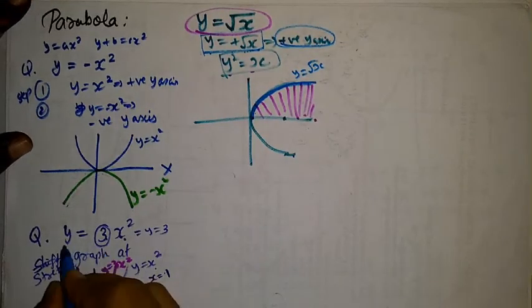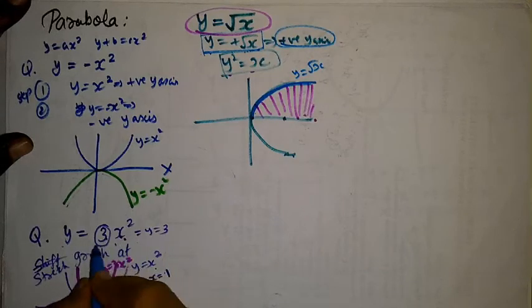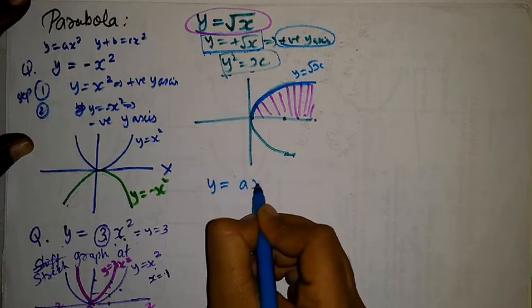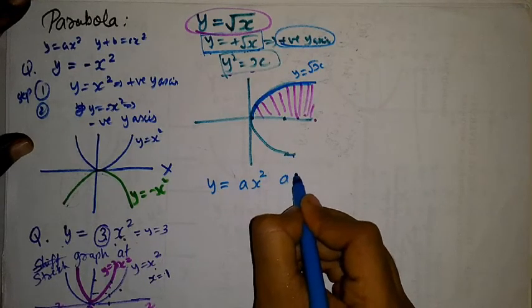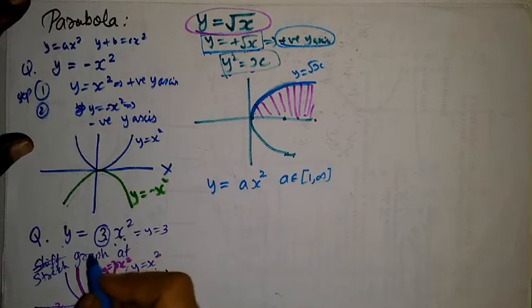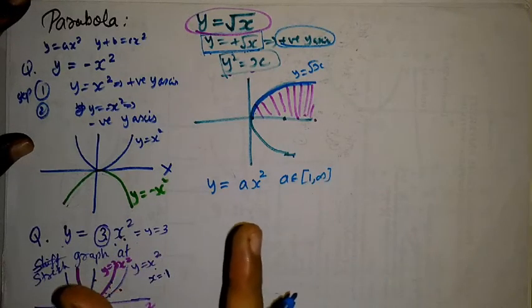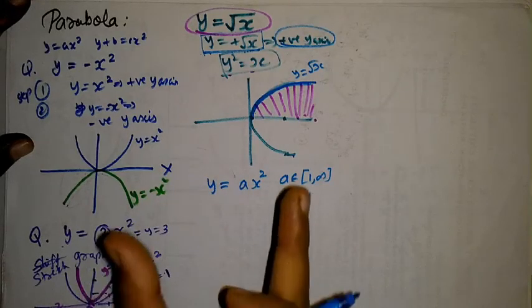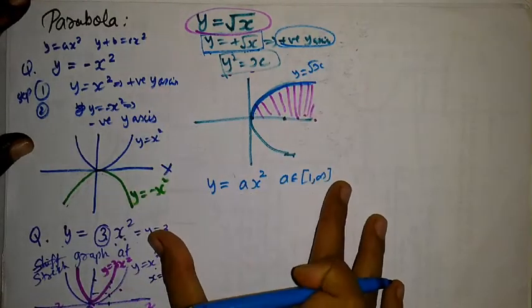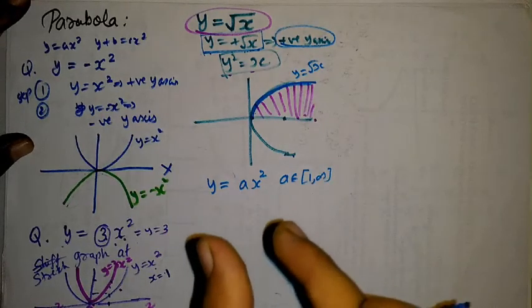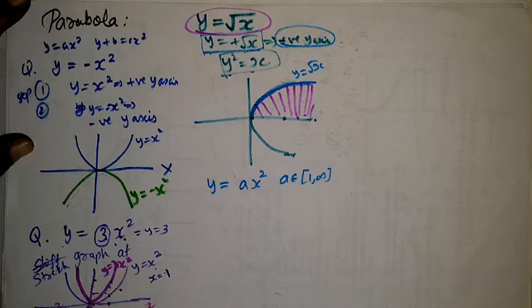And in such type of problems, let me discuss this again. When it is y is equal to ax square type, when a is greater than 1, then it will stretch upward, but it will be smaller, it will compress. You can see if its size is this, then value of y will increase.